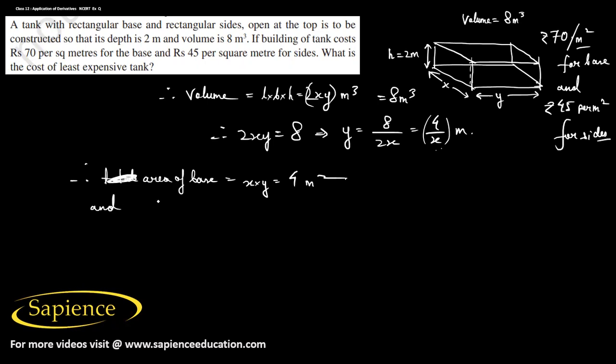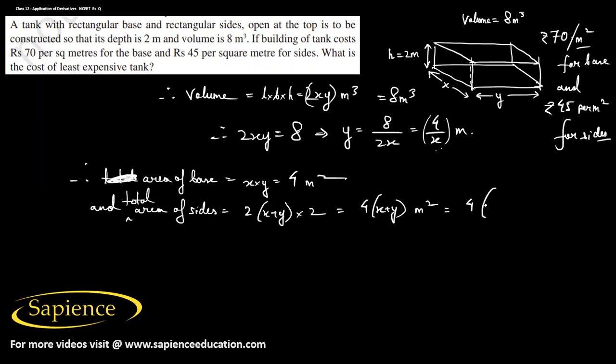Then the total area of the sides will be the perimeter of the base into height. That is 2 into length plus breadth, into 2, so that is 4 into x plus y meter square. Since y is 4 by x, we can write it as 4 into x plus 4 by x meter square.